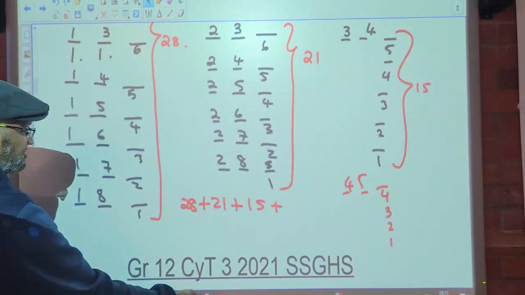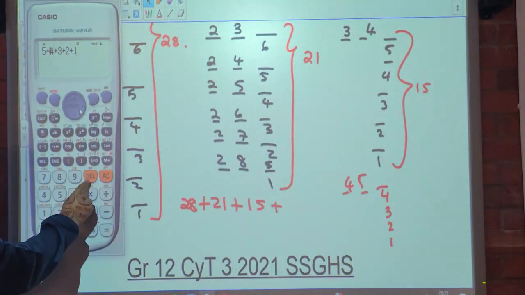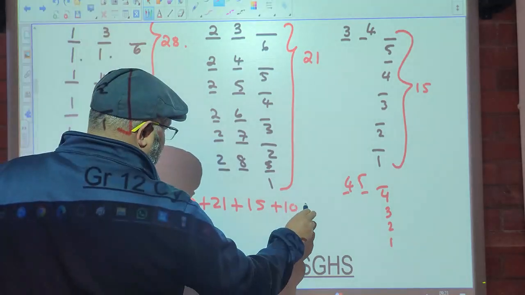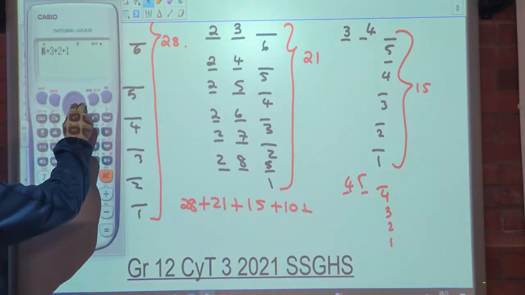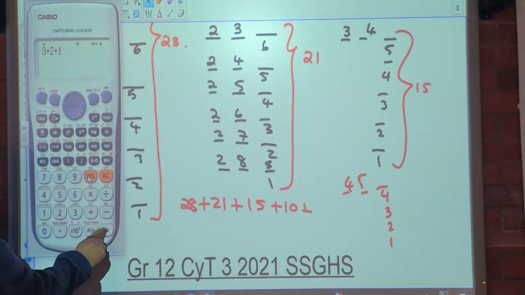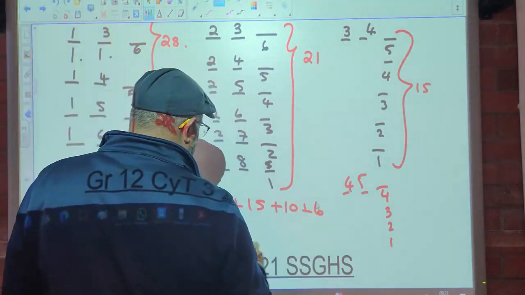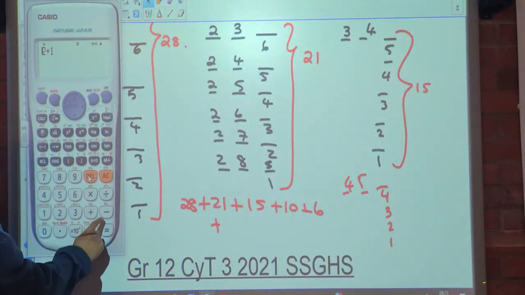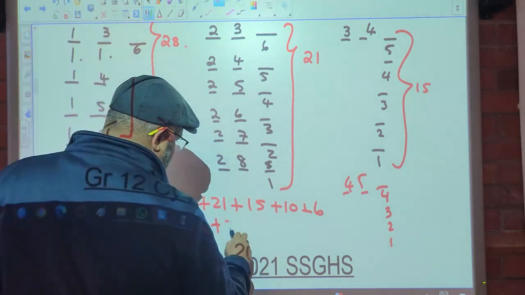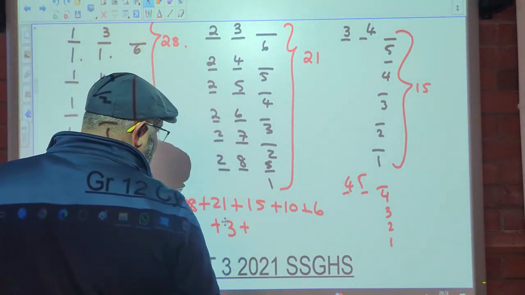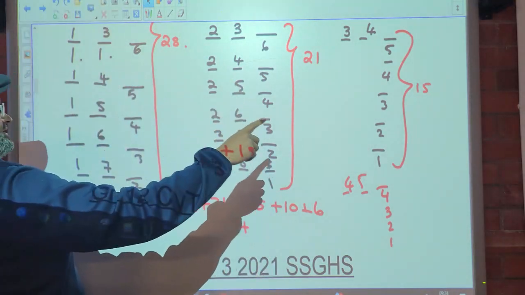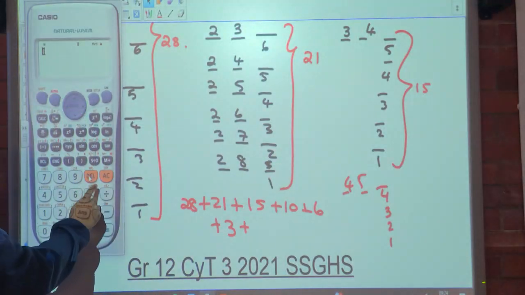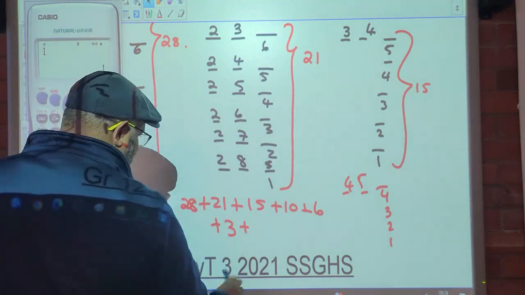So in other words, the next number is going to be the pattern 10. 1 less than that. It's going to give you 6. 1 less than that. It's going to give you 3. And the very last one is going to be 7, 8, 9, which only has one pattern or one option there. It's going to give you 1.